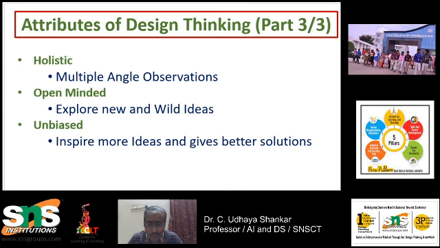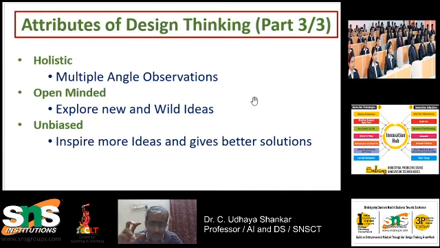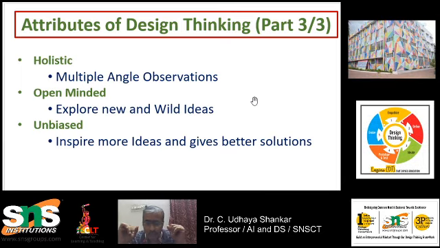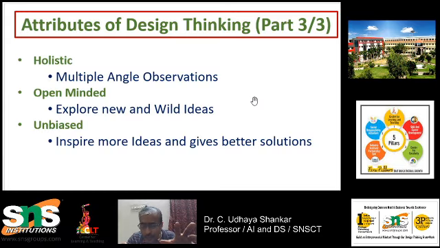From the term itself we can understand that holistic is always a DT based approach. The attribute holistic means we must be able to see the larger picture, and we have to look into the problem or any situation from different angles.